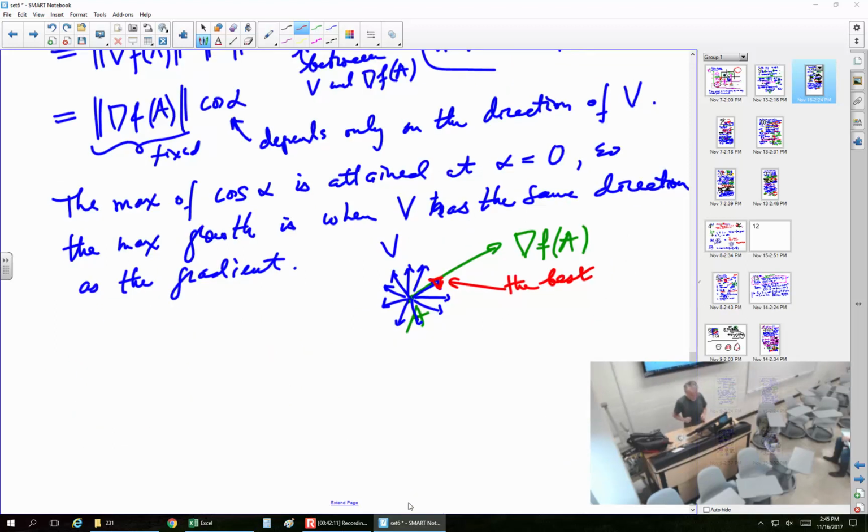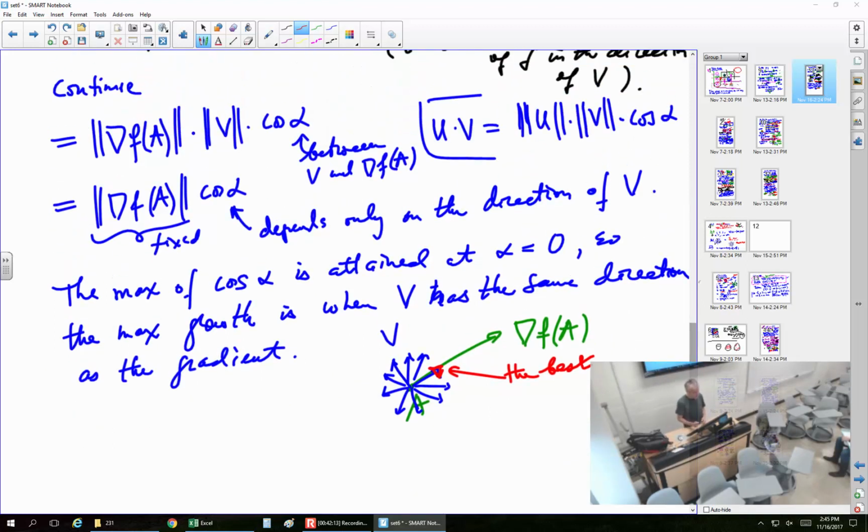And then you can ask another question: what's the minimum? What's the minimum? Alpha equals pi over 2? Fine. Negative 1. So cosine is between negative 1 and 1. Maximum is 1. Minimum is 0. I'm sorry, negative 1.